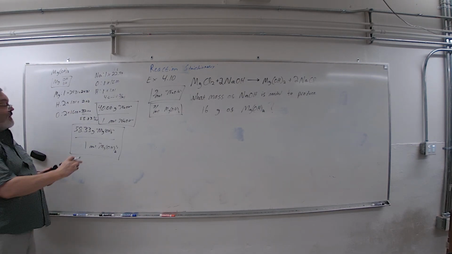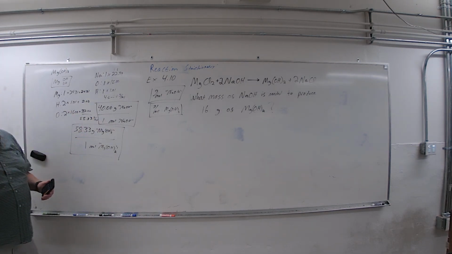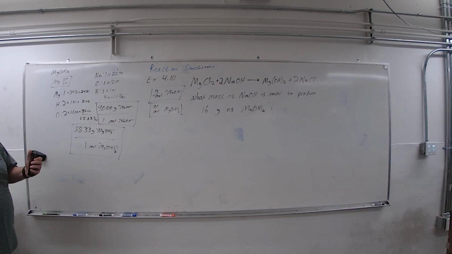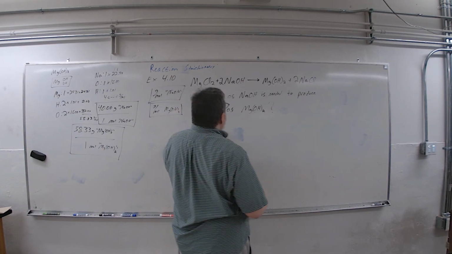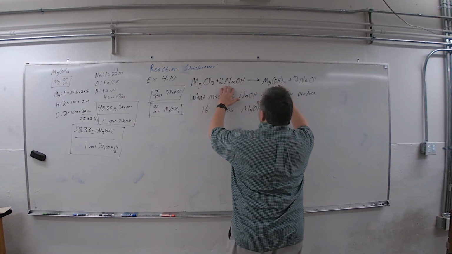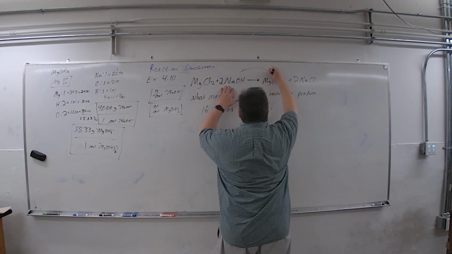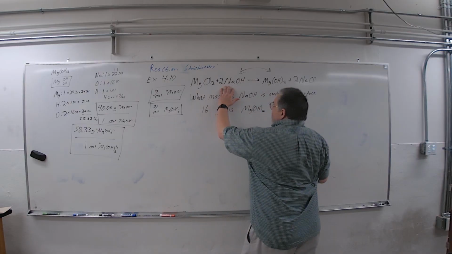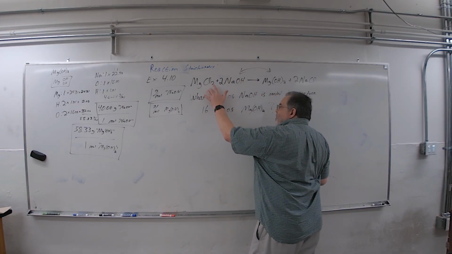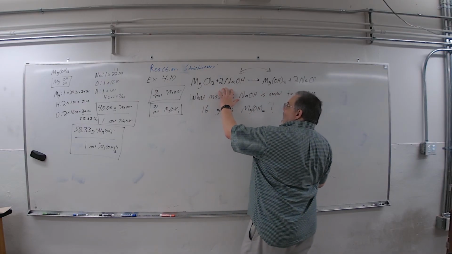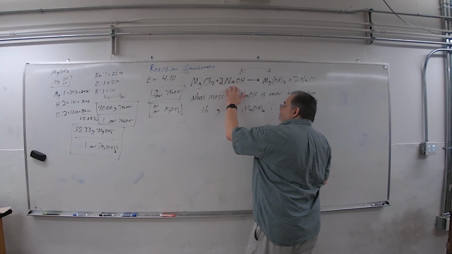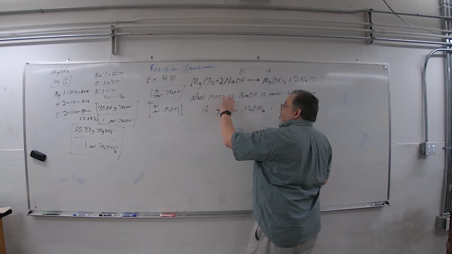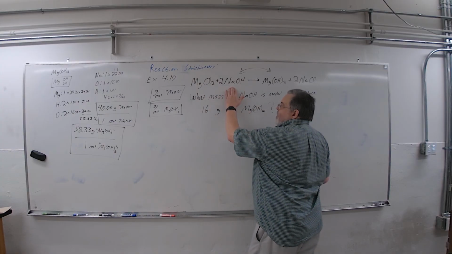Okay, so we're going to use these two things. And there's only one more thing we need to solve this. And as you might imagine, it's this relationship, Mg(OH)2 and NaOH. And like I said before, it's all in the phrasing. If it's these two things you're working with, it's going to say, how much of this is needed to react with some specified amount of this.